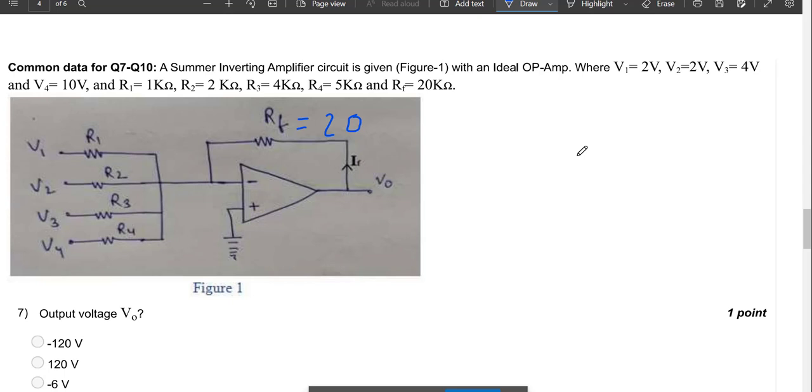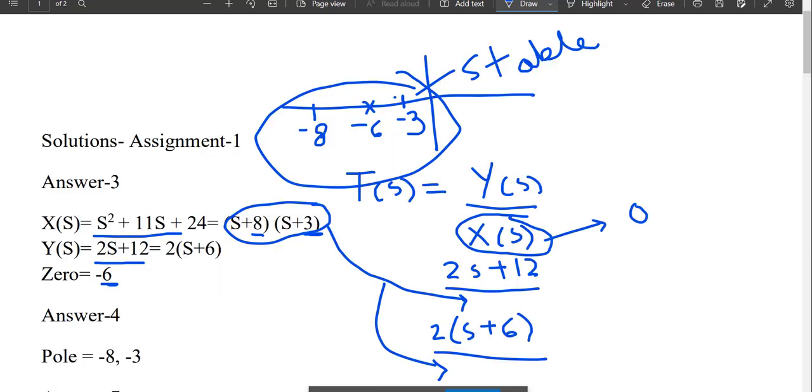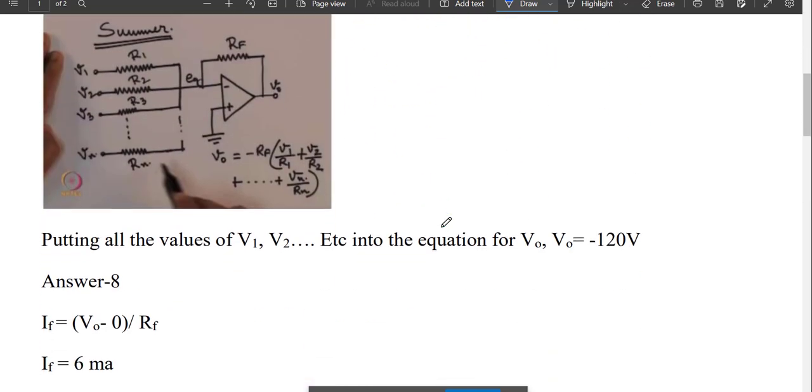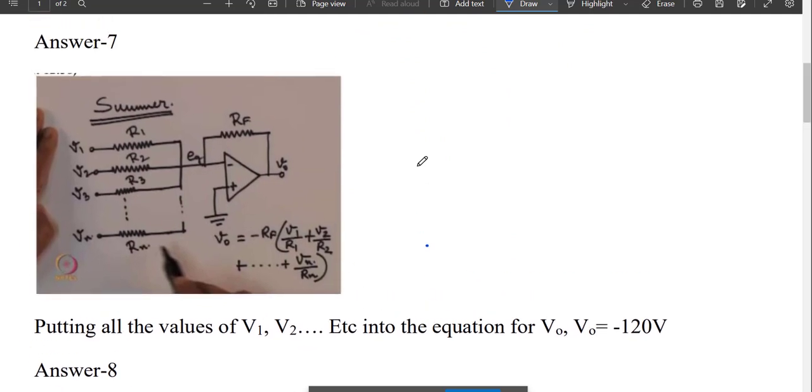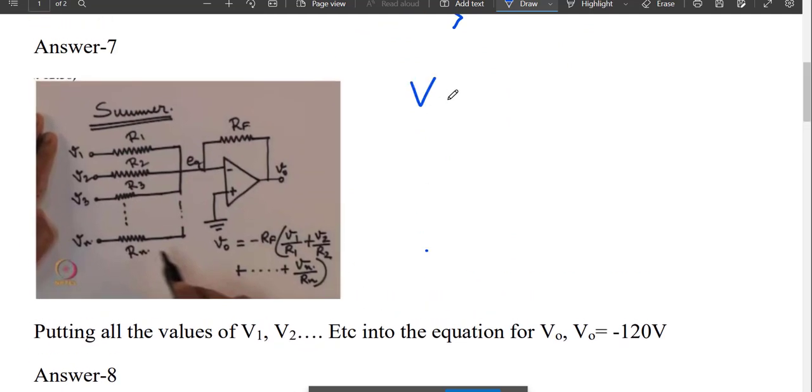Everybody solved? Okay, let's go. Everybody solved? I'm writing the formula here.